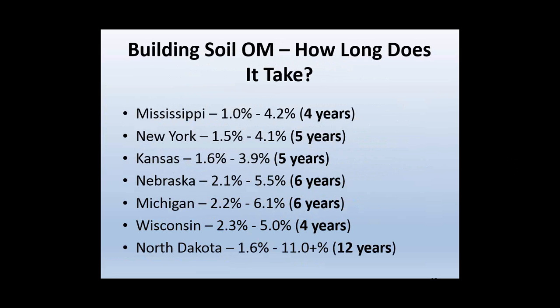The great thing that we are seeing here and that we are noticing is that within a 10-year period or so, we don't seem to hit a threshold or a limitation. We're continuing to build soil organic matter at the rate of 0.5% to 1% a year.